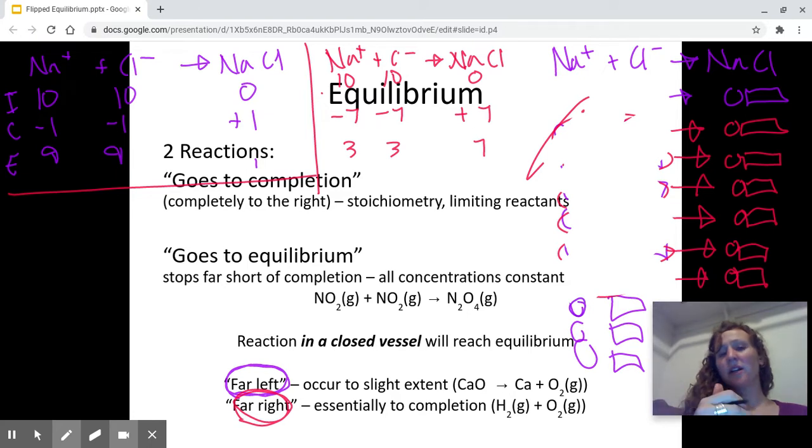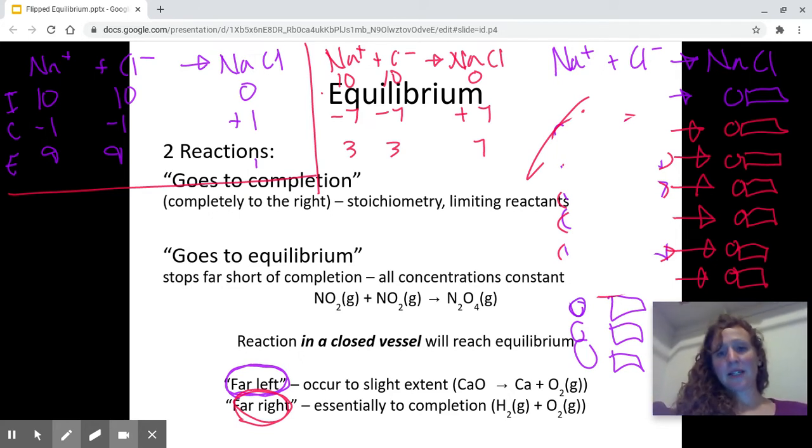We want to use all our ingredients. We want to be left with no ingredients. We want to have all cookies. That would be a far right equilibrium. Our cookies are not turning back into reactants very early. It waits until the reaction has proceeded to form lots and lots of products for that to happen.